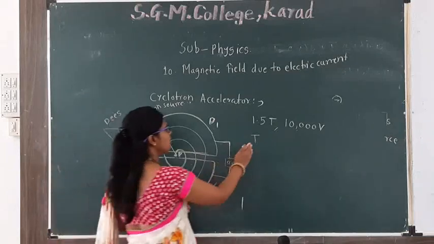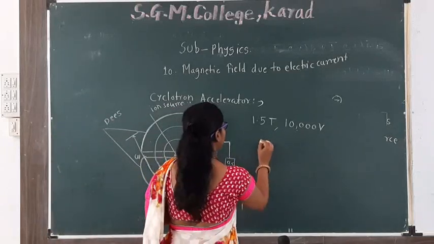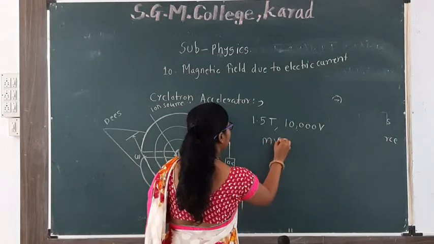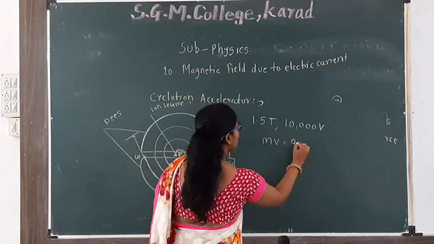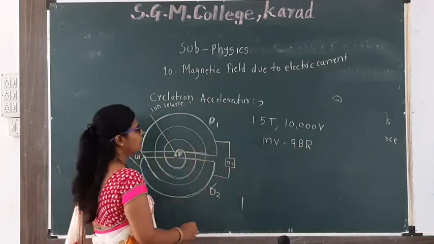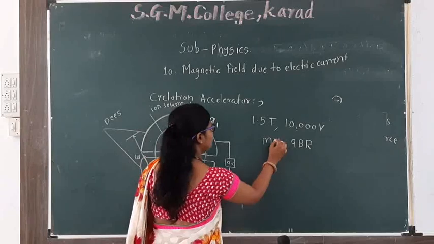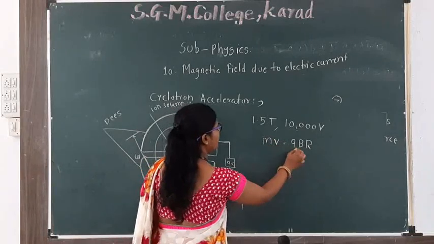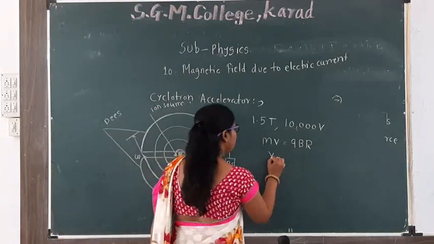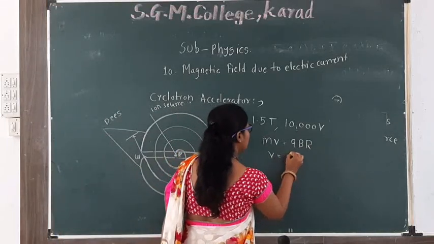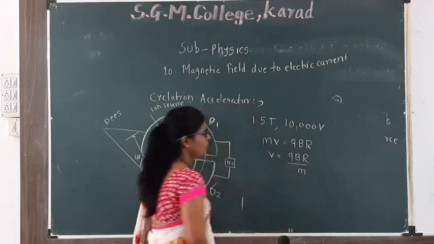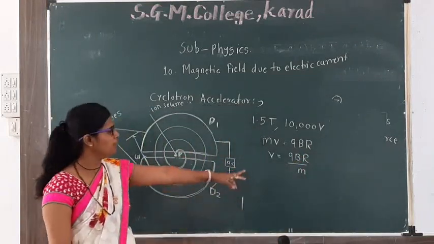Now, by using the cyclotron formula. What is the cyclotron formula? mv is equal to QBR, therefore v, the velocity of the charged particle, is QBR upon m.